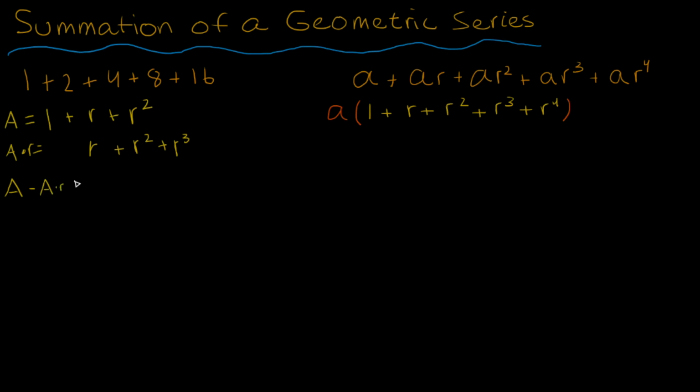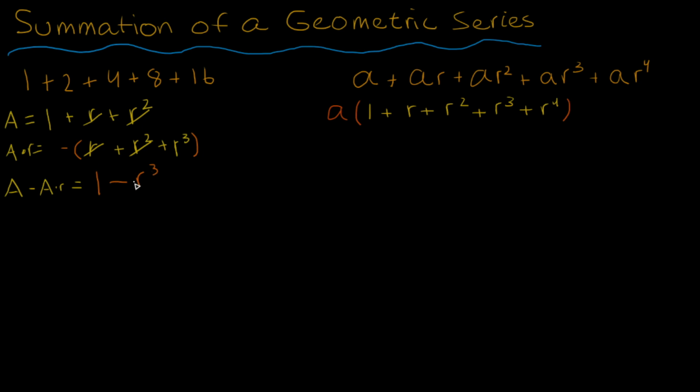So a minus a times r, and this will be equal to, well, this and this will cancel out, this and this will cancel out, so we will be left with 1, and then since the negative distributes, remember we put a negative around this entire thing to subtract it, we'll have 1 minus r cubed. So 1 minus r cubed. So all we did was subtract a, and we subtracted a times r from a. So we were left with 1 minus r cubed.